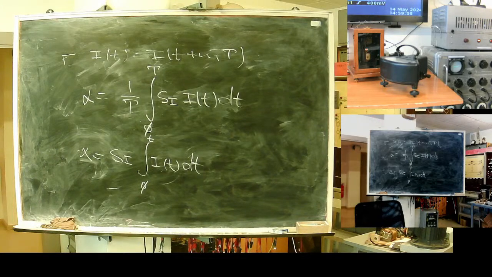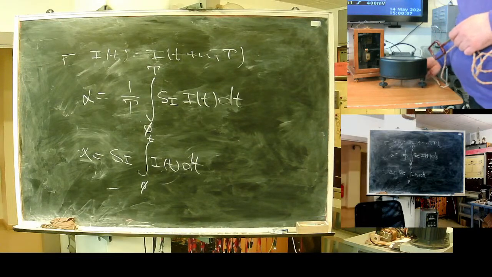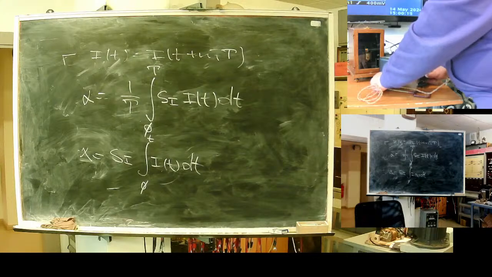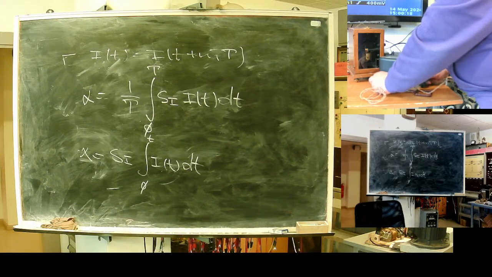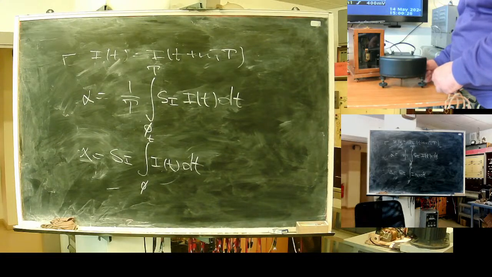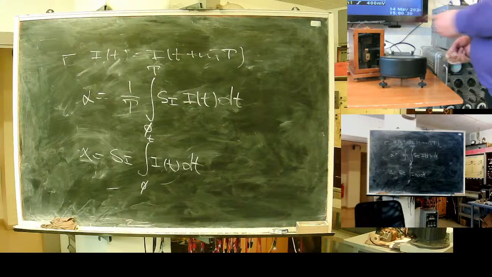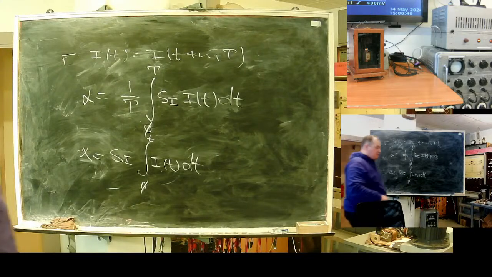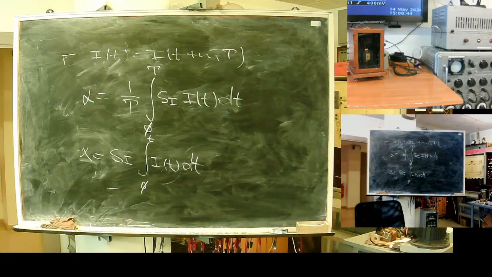If you move this coil through a magnetic field, it will integrate the induction passed through this coil from 0 to time. So this will give you magnetic flux.